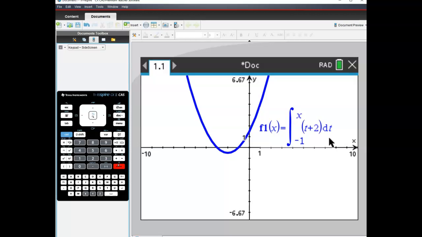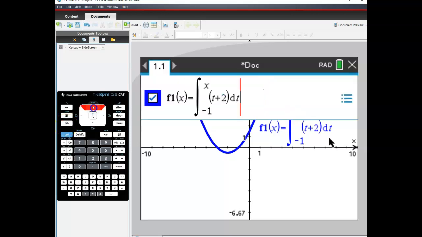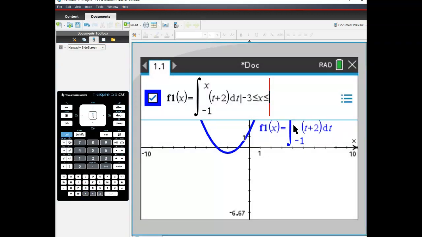Well, our calculator will do even a little bit better than this. If I come back here, once I get to the outside of my dt, you see how the line gets short. So now I'm in the dt yet, so if I go over, I can actually do a control equals, and I can use my such that bar, and such that, we want to go from -3 less than or equal to x, which is less than or equal to 2.